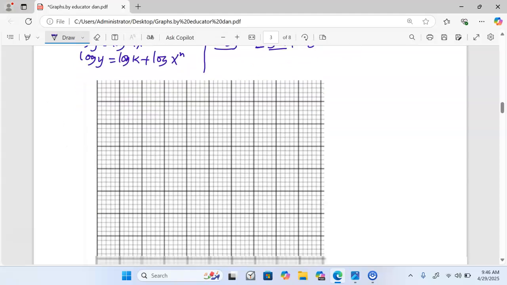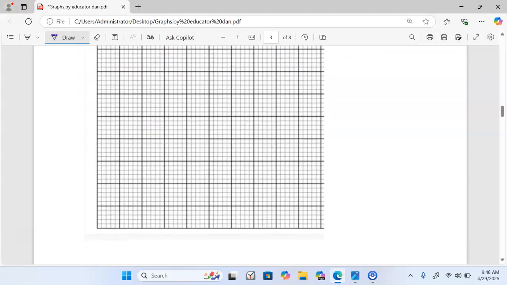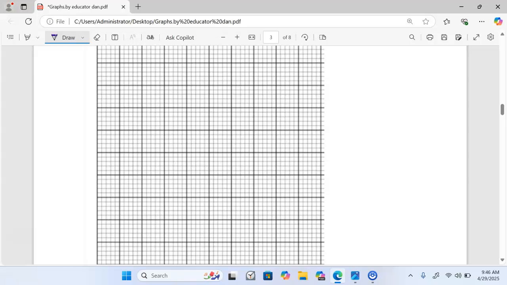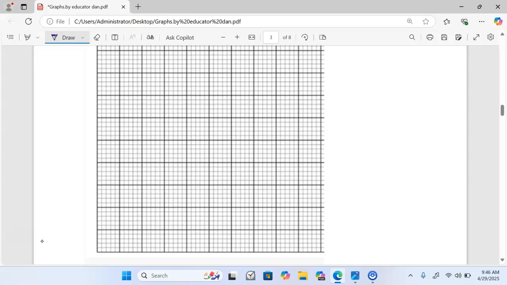So for our graph, we are going to have values of y positive and negative at the same time. We are going to have our graph beginning at this point here, such that 1 centimeter represents 0.5 units, then 1.0, then 1.5, then 2.0.